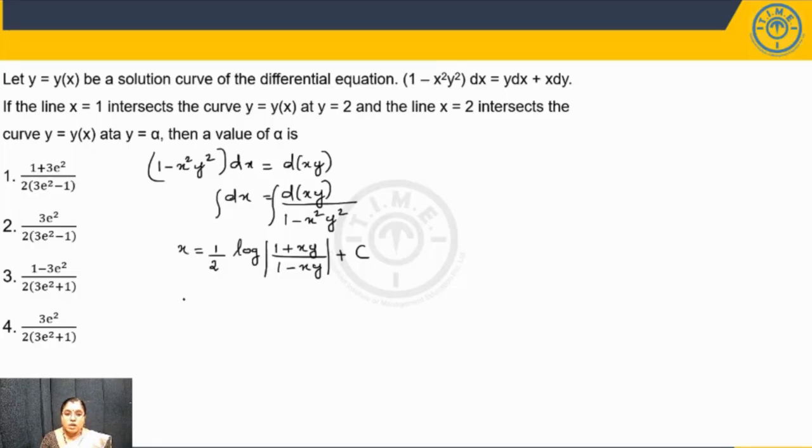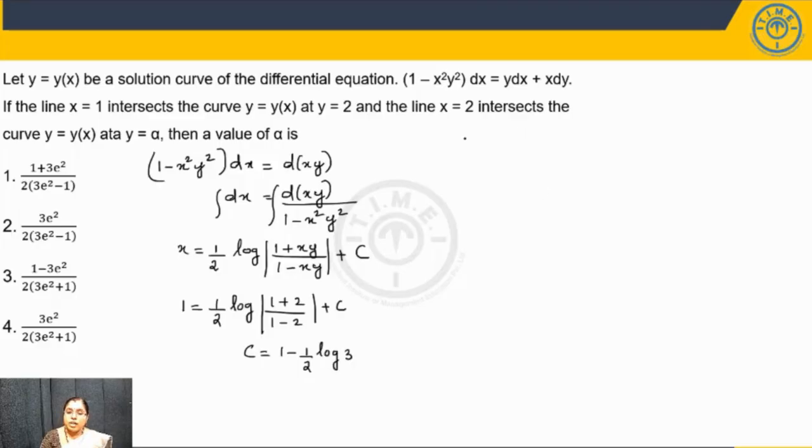So what do we get? 1 is equal to 1 by 2 log, what do we get? 1 plus 1 into 2, that is 2, by 1 minus 2 plus c. Now 3 by negative 1, which is negative 3. Modulus of negative 3 is positive 3. So this is log 3. So we have c is equal to 1 minus 1 by 2 log 3.